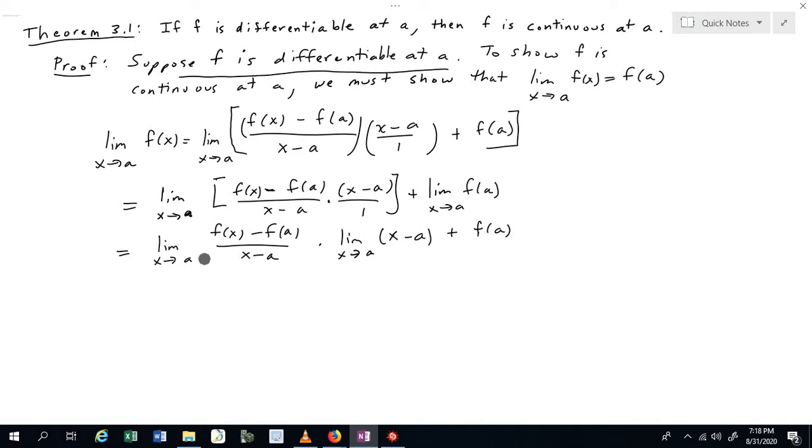It's this limit. So we're assuming that f is differentiable at a, and that tells us that this limit exists. In other words, this limit is a finite number. So we know this limit exists, and it's a finite number.